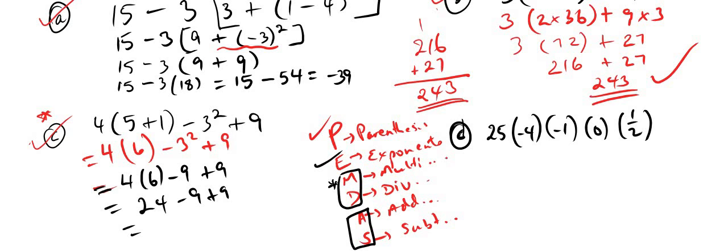Take away the 9 from 24. Right, very good. Even though this says addition before subtraction, addition and subtraction are on the same level, and you do whichever comes first. With multiplication and division, think of them as being on the same level, and you do whichever comes first, okay? So it's going to be 24 minus 9, which is going to give us what?